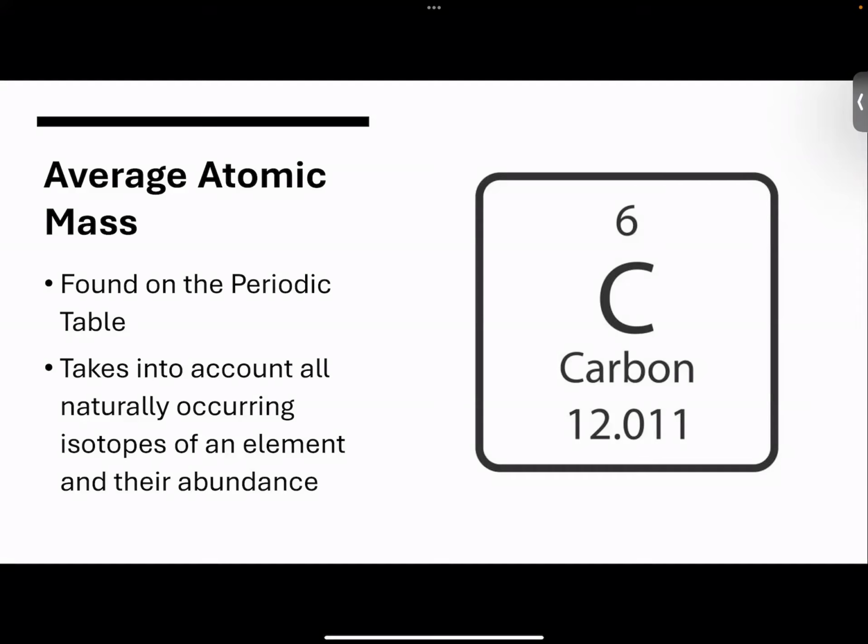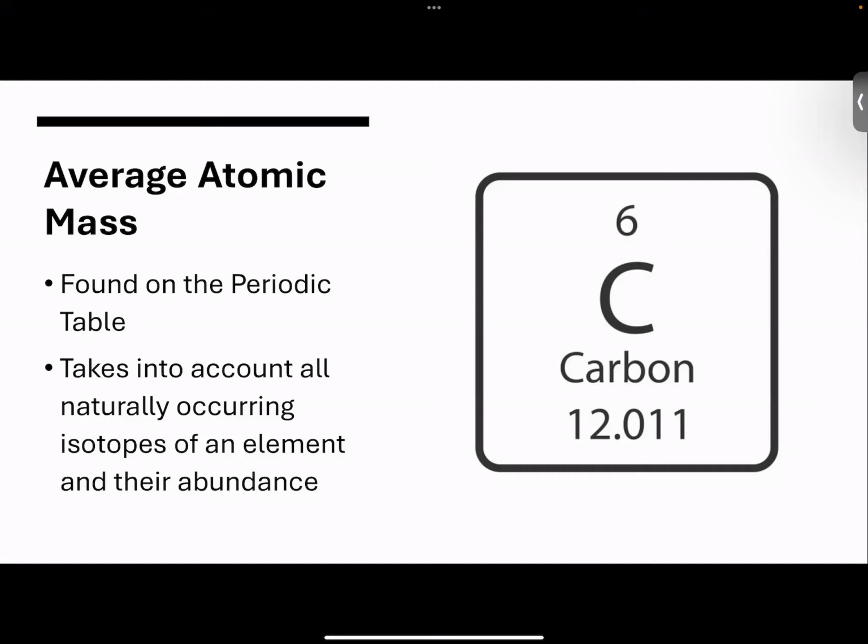That is naturally occurring. What do I mean if I say it's naturally occurring? What it means is if I go dig up a sample of carbon and I analyze it using mass spectrometry, 99% of that sample I just dug up is going to be carbon 12, meaning it's going to have 6 protons and 6 neutrons.